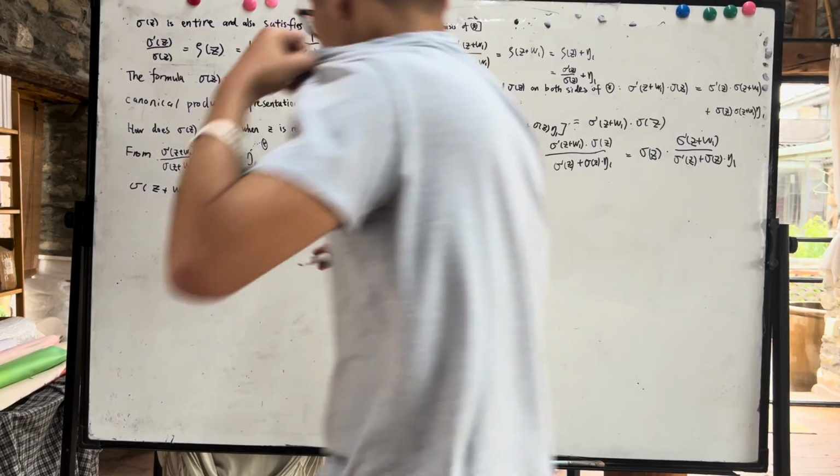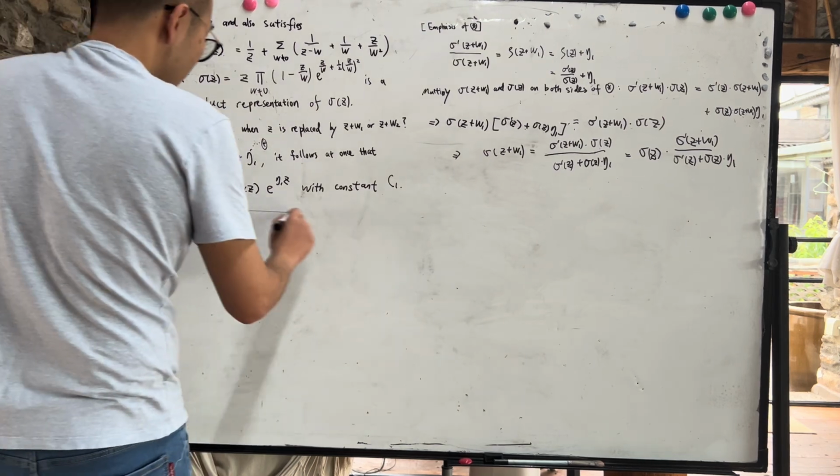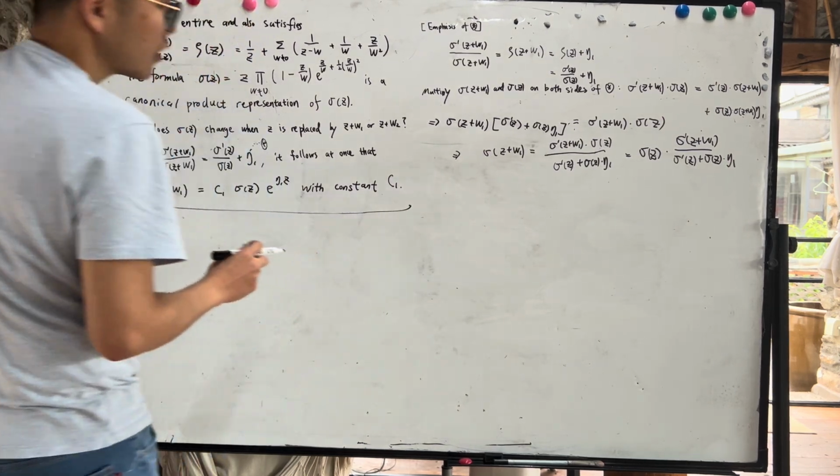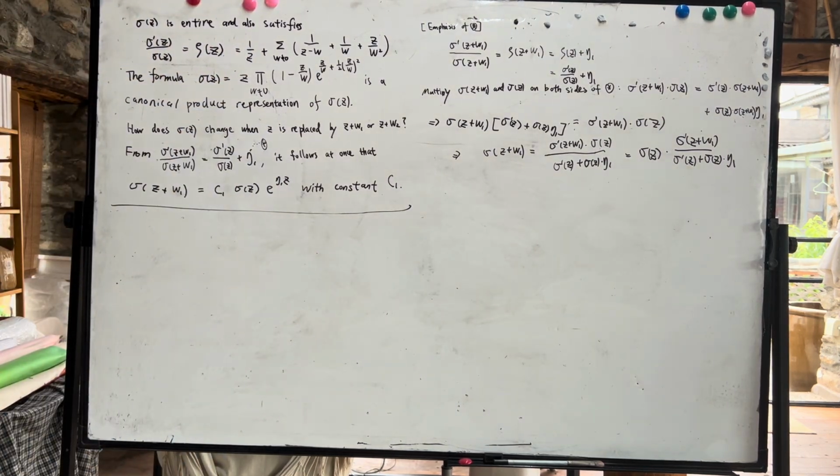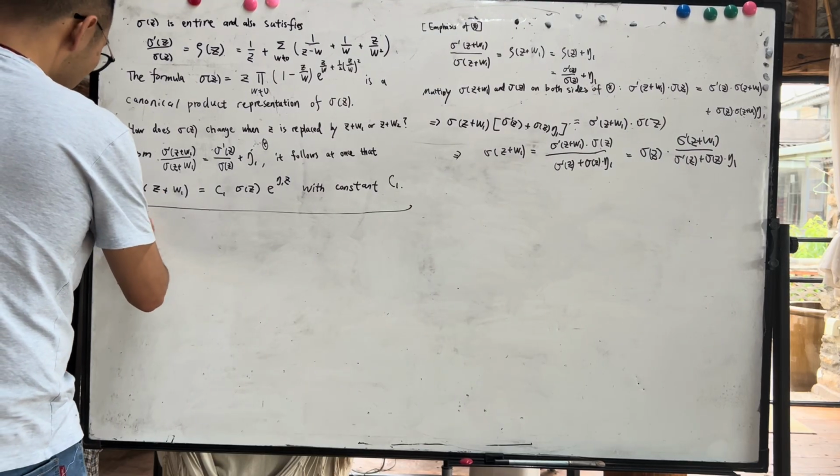Okay, so let's check what is sigma prime of z plus omega 1.